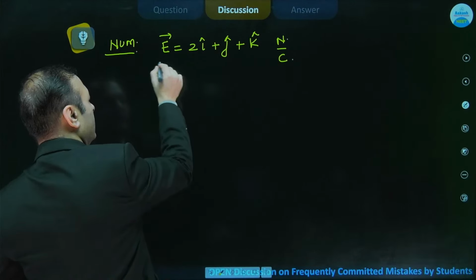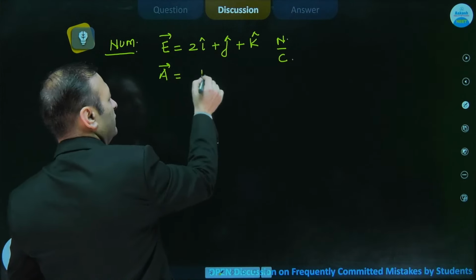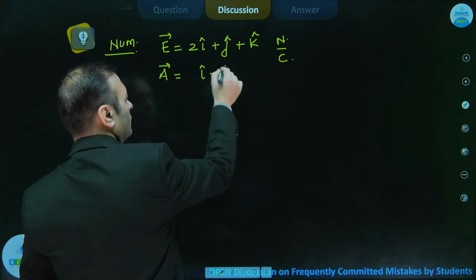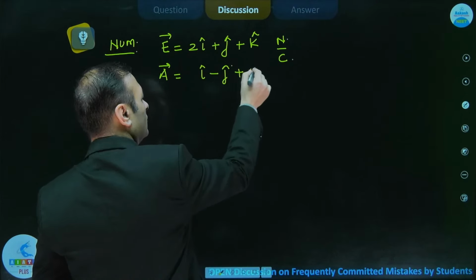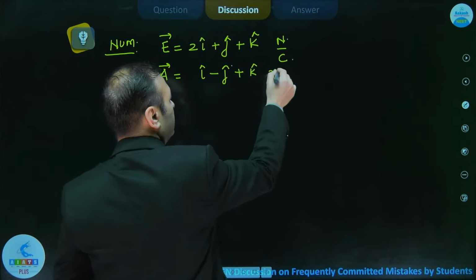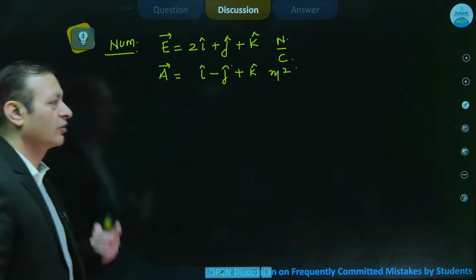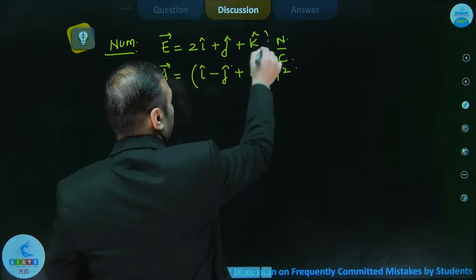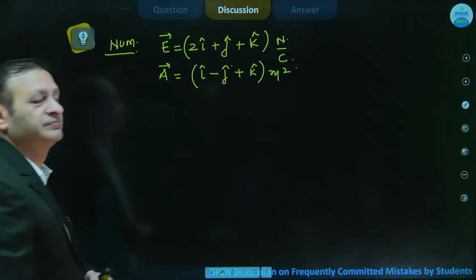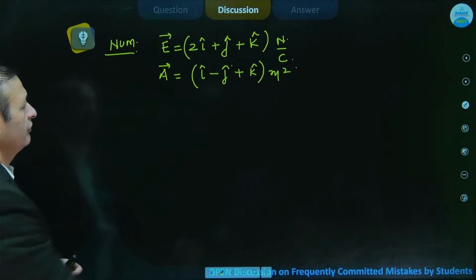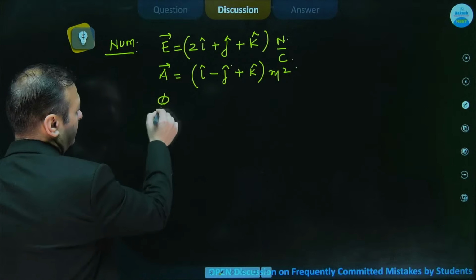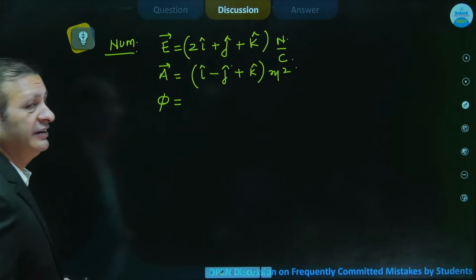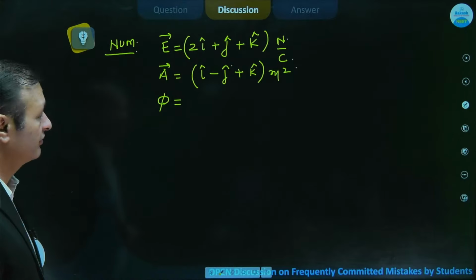And for the area vector, we simply keep it as, and this is meter square now. Got it? Now, this is your area vector and this is what you have assumed as your electric field vector. Now, if I ask you to find out flux for this data, this numerical value, this condition.